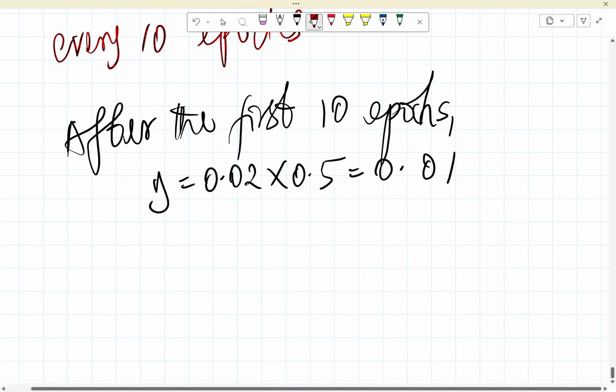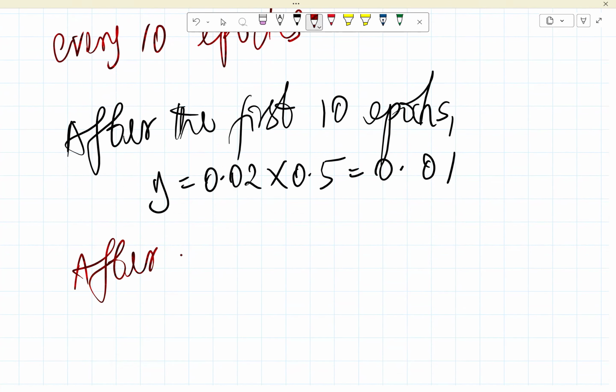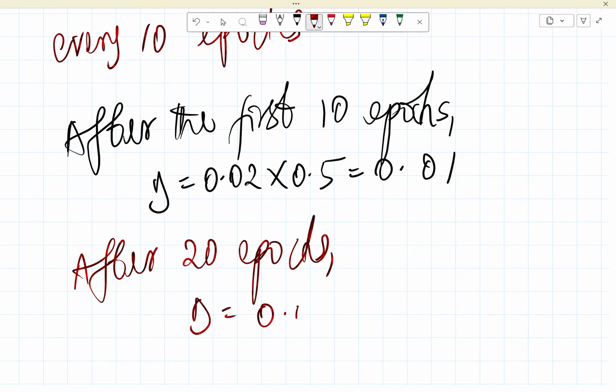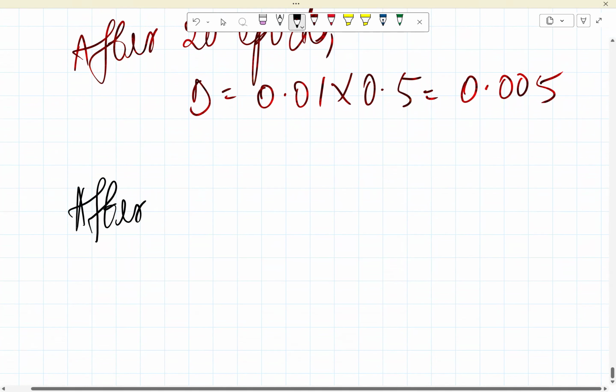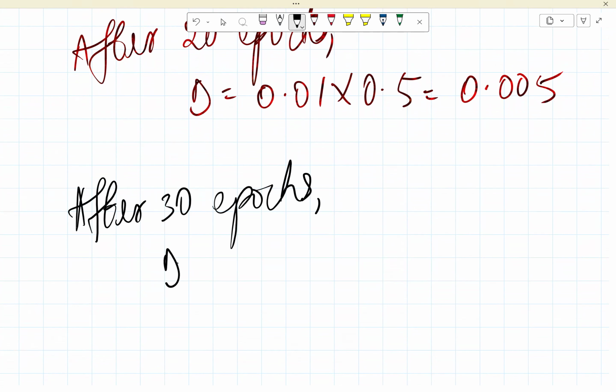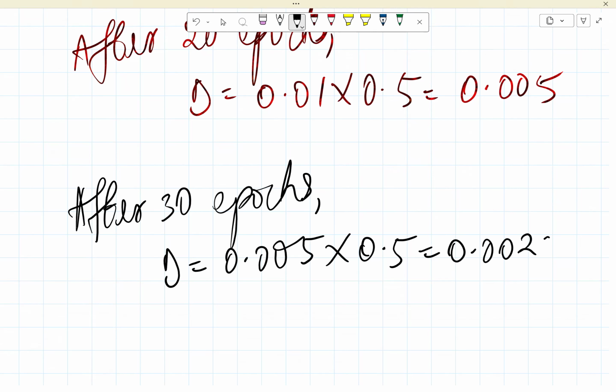Then, after 20 epochs, we have eta to be 0.01 times 0.5, that is 0.005. Then after 30 epochs, eta is 0.005 times 0.5, and that is 0.0025.